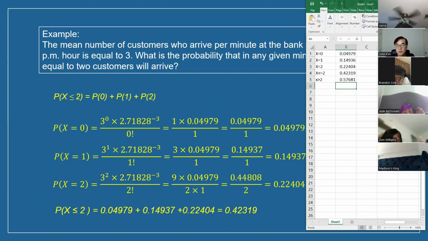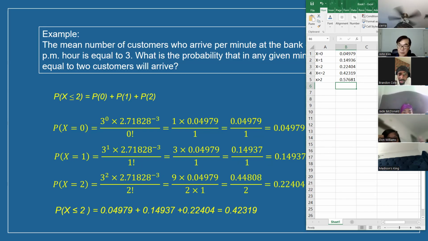So which method you will use, using formula or Excel function? It's up to you.